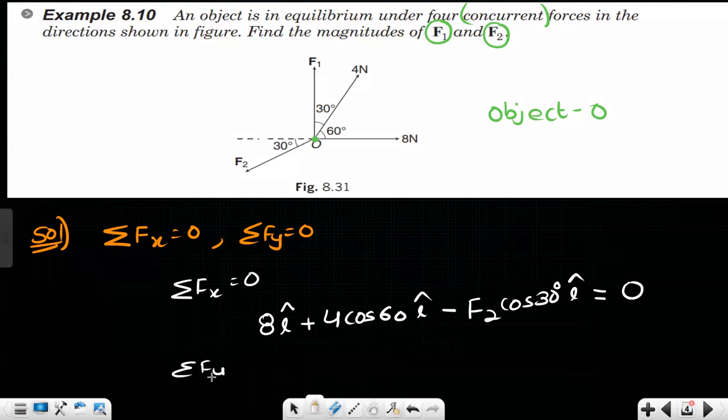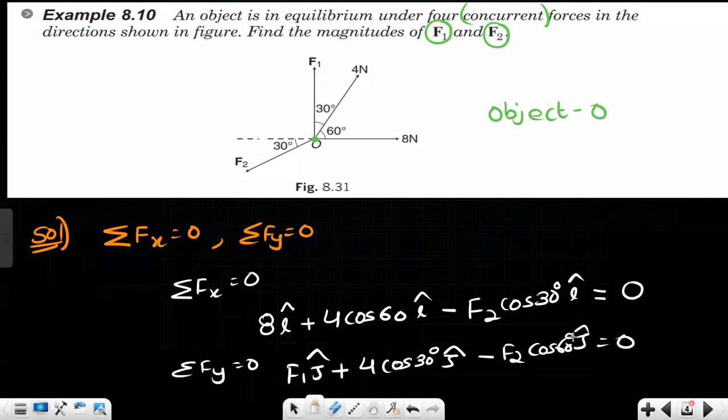Another equation, sigma Fy equal to 0: F1 j cap plus 4 cos 30 j cap minus F2 cos 60 j cap. Any doubts, sir, in any of the forces? One second, please think about it, no problem.